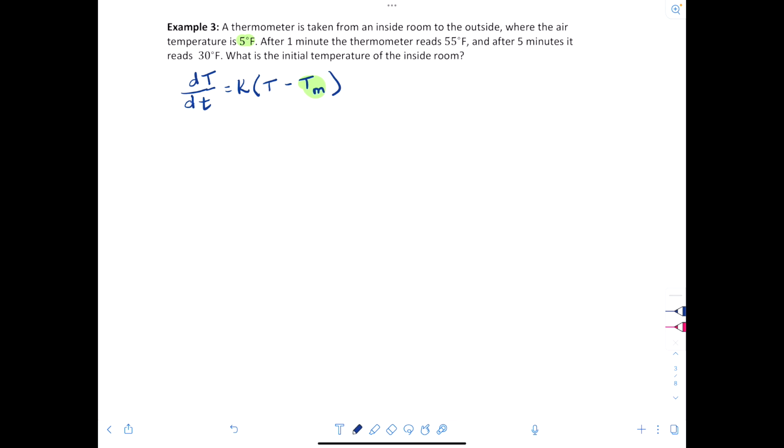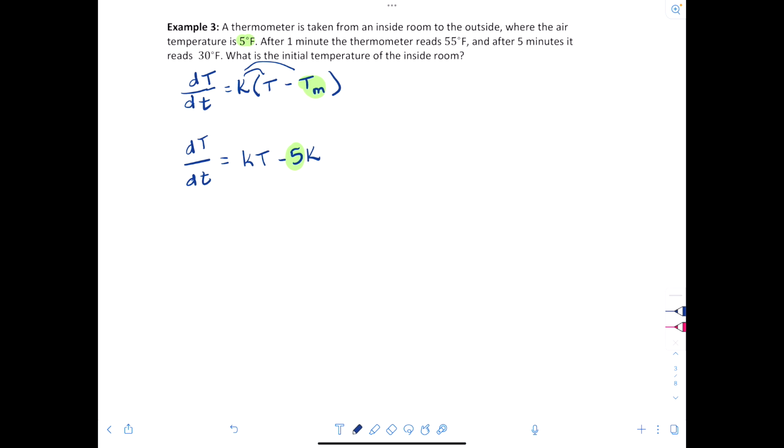So we might as well plug in the 5 for the 5 degrees. dT/dt, where the capital T is temperature, would be K times T. I'm distributing the K through, and I'm also putting in the 5 for 5 degrees, and we'll get minus 5 times K. And these are in Fahrenheit.